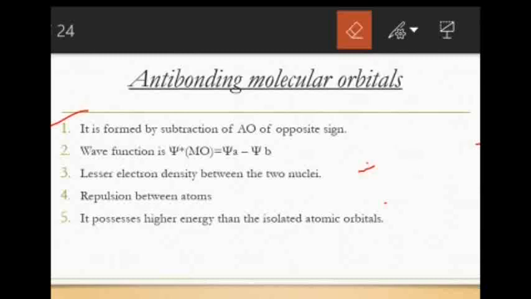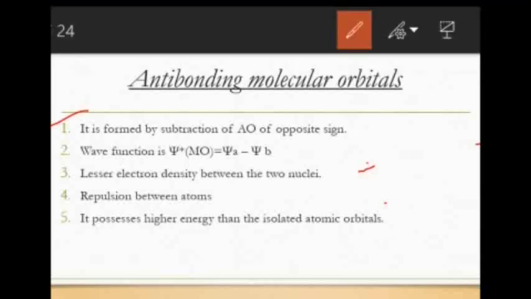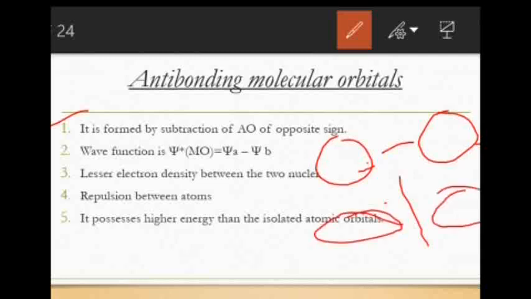Third is lesser electron density between two nuclei. Probability of finding electrons is almost zero, and there is repulsion between them. It possesses higher energy than the isolated atomic orbitals. Understand?